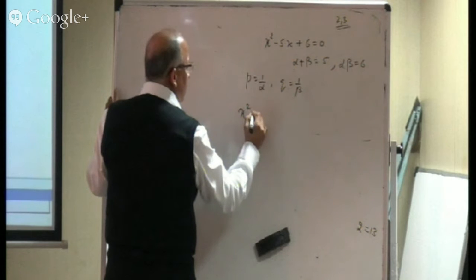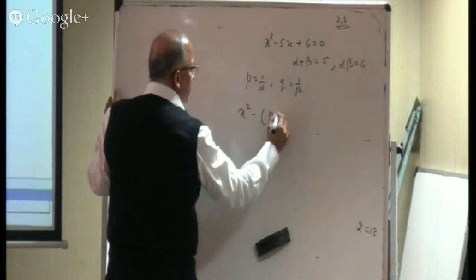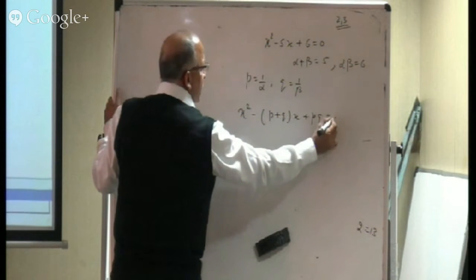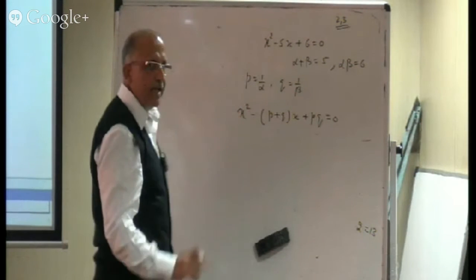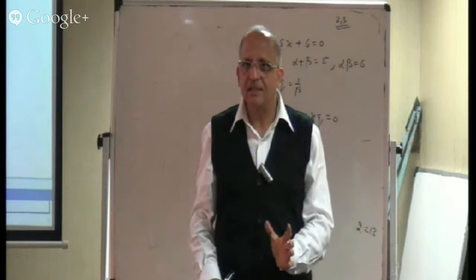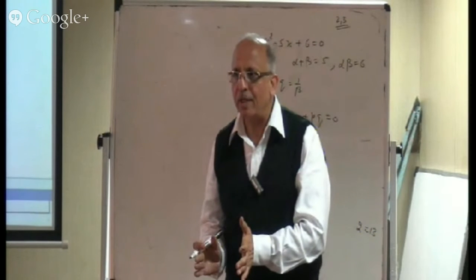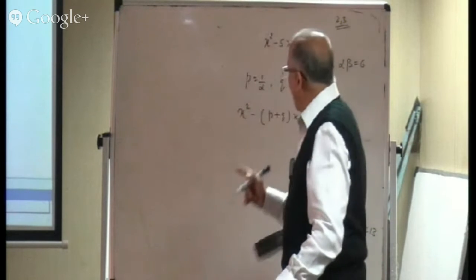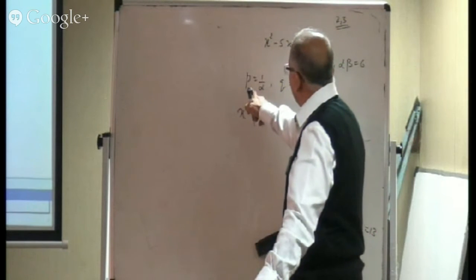X square minus P plus Q x plus P into Q. That's how you write an equation. Any quadratic equation can be written like this: x square minus sum of the roots into x plus product of the roots.